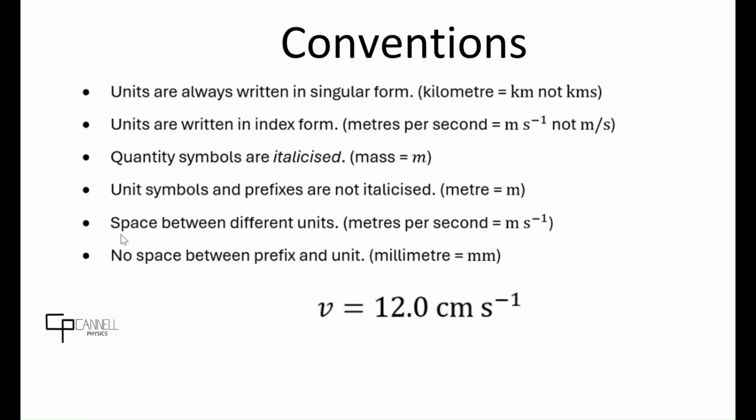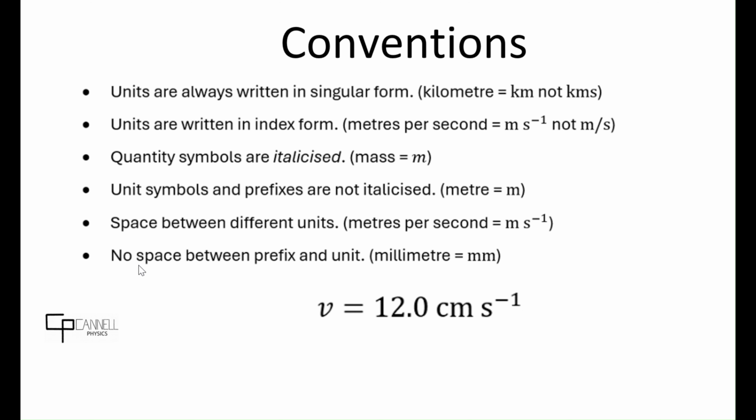And we have a space between different units. So when we have multiple units next to each other, we put a space between them, like we see here with, again, meters per second. This is good, it's in index form, it's not with that yucky slash in the middle. But also the m and the s, since they're both different units, meters and seconds, we put a space between them, if you see that little space there.